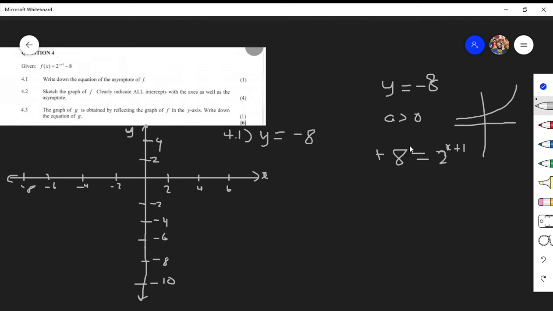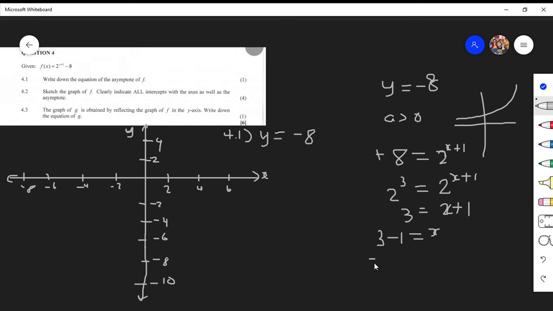And we know that 8 can be changed into the form 2 cubed, which is then 2 to the power x plus 1. Since both our bases are the same, we can drop them, and we're left with 3 is equal to x plus 1. If we transpose our 1 to the other side, the sign will change, leaving us with 3 minus 1 is equal to x.